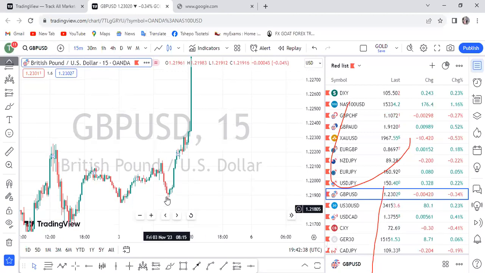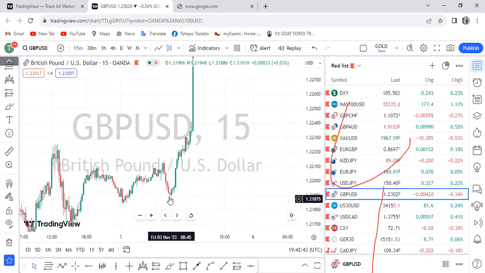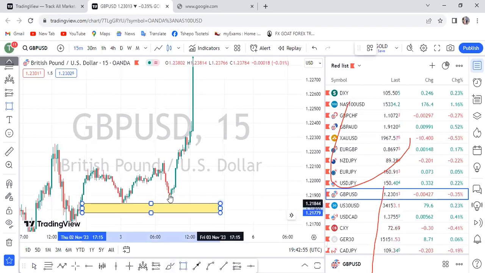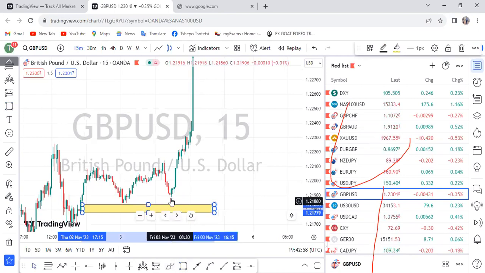This pin bar, with its rejection, shows that buyers are coming in. So after you have this pin bar, you wait for a full candle to close, which is a green candle. After this green candle closes, you are confirmed and can take your entries.